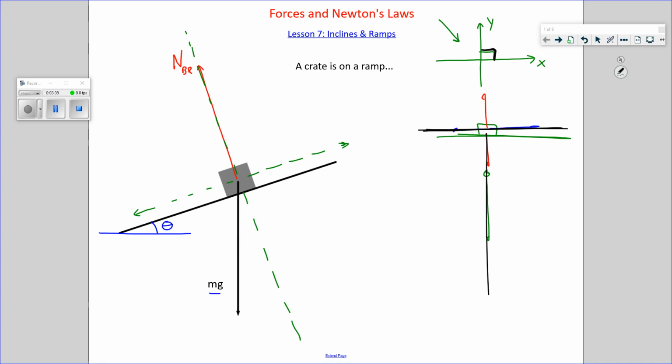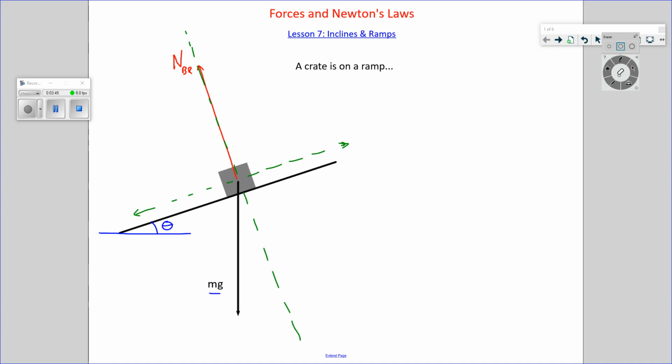Okay, but in our case of an object on an incline, the direction that this object will accelerate is most likely going to be up the incline if it's pushed or pulled hard enough, or down the incline if it's perhaps sliding down on a smooth surface. All right, so we're going to use these new axes as our axes.